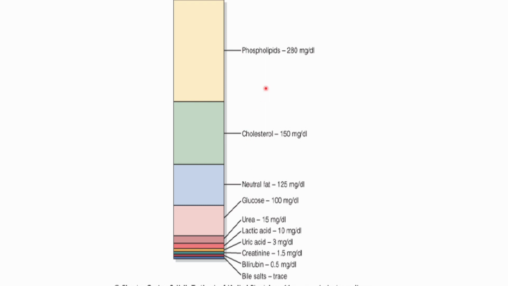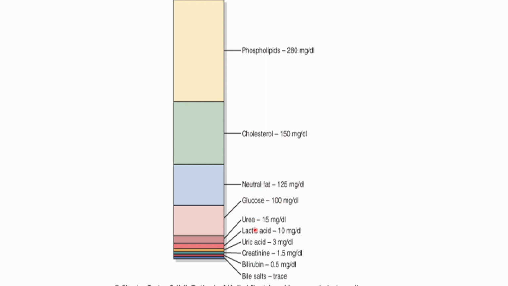Again, over here, this slide is just showing you what are the normal levels, okay, for example, of phospholipids. Well, if you run a test, this is the normal range. It should be 280 within our body fluids, within plasma. So phospholipids, it should be within about 280, okay, milligrams per deciliter. Cholesterol, we're looking at about 150.